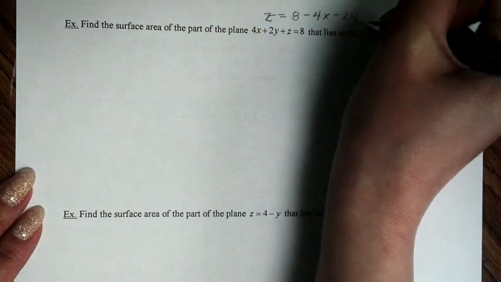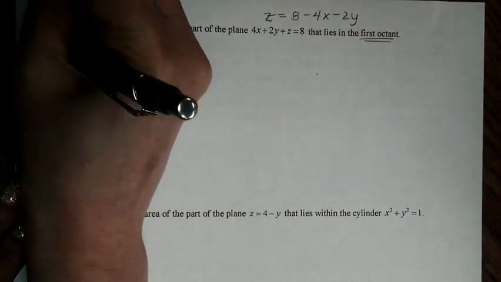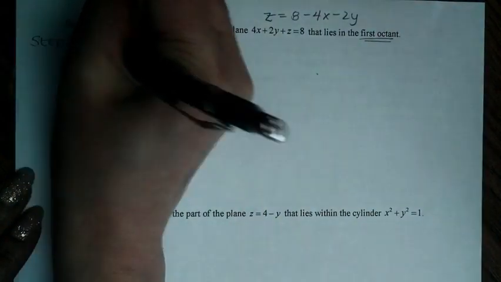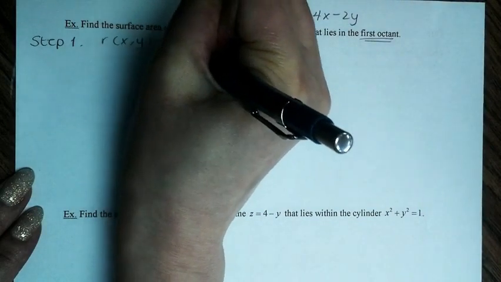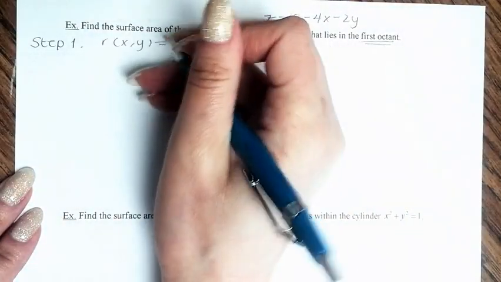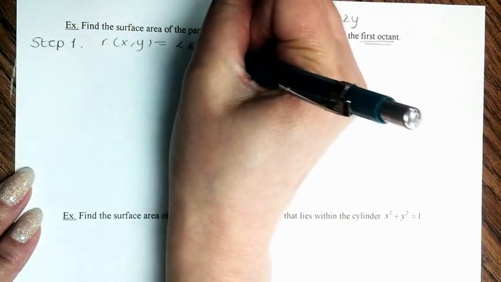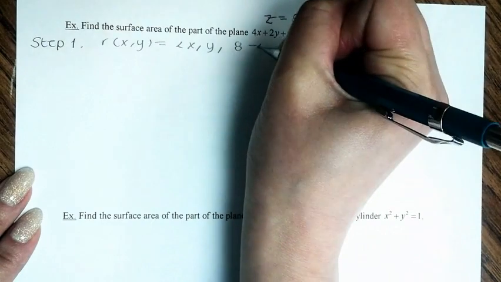The first thing that I would do here, step 1, is parameterize my situation. You have this vector valued function with x and y: I leave my x alone, my y alone, and my z depends on x and y.